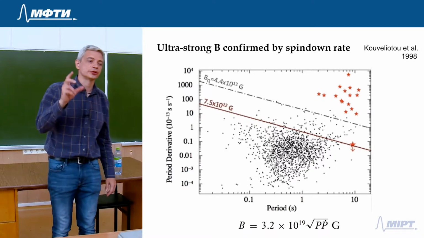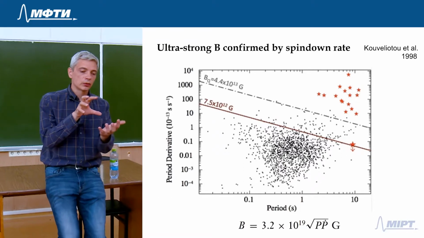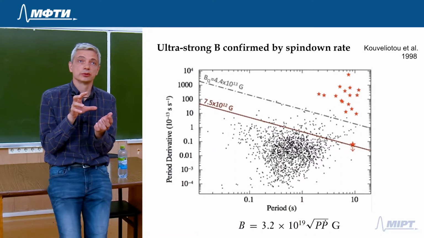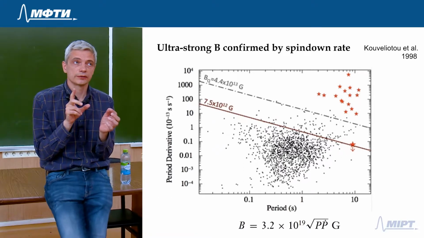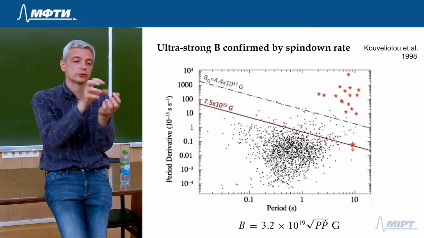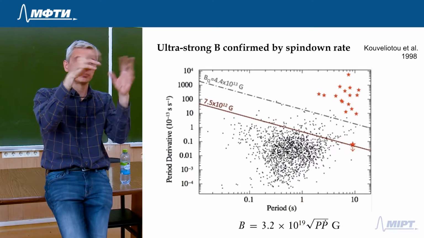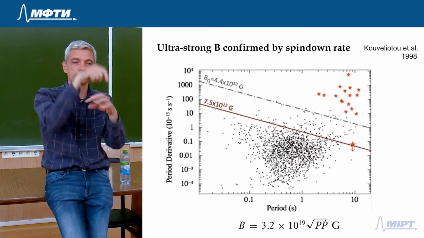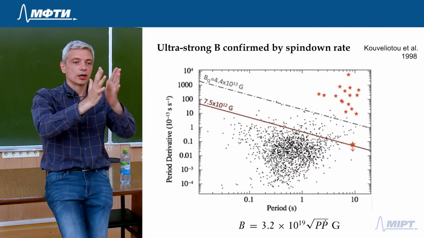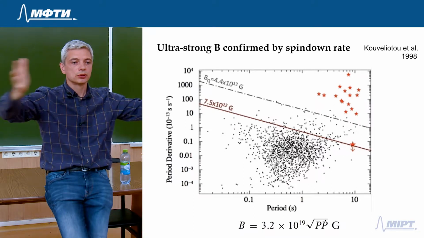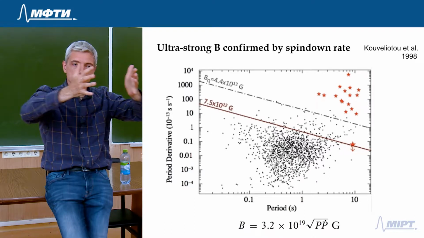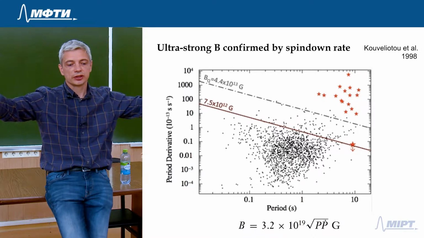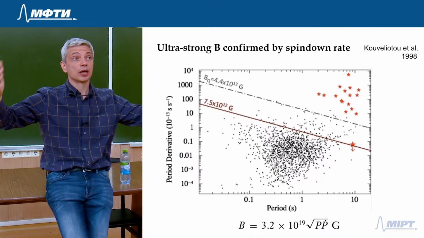Now, when you use this formula, you are only sensitive to the dipole component of the magnetic field, right? So if the neutron star has a more complicated magnetic field, quadrupole or something, if you expand the multipoles at large distances from the star, let's say the light cylinder, the field will be dominated by the dipole component.